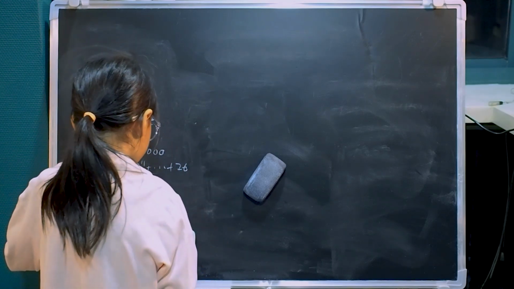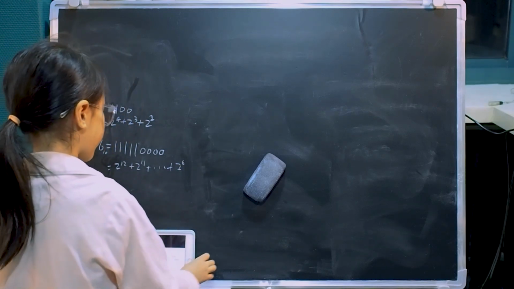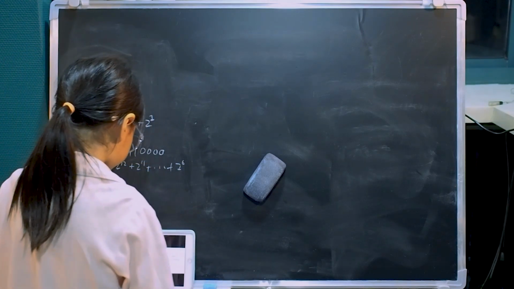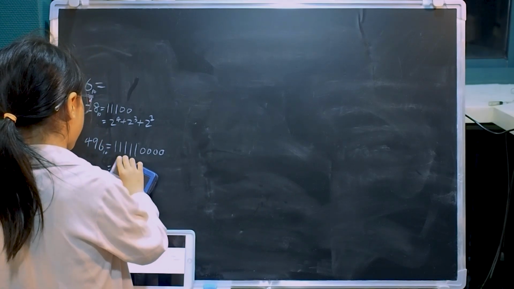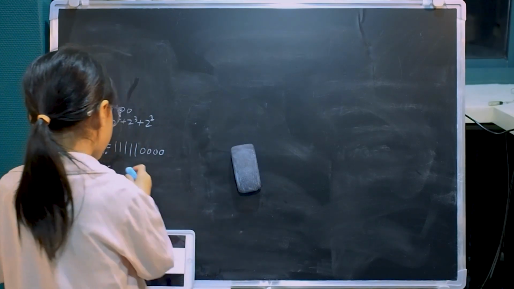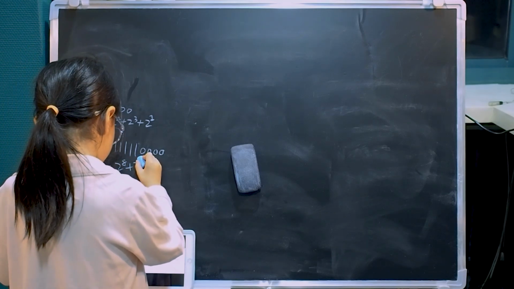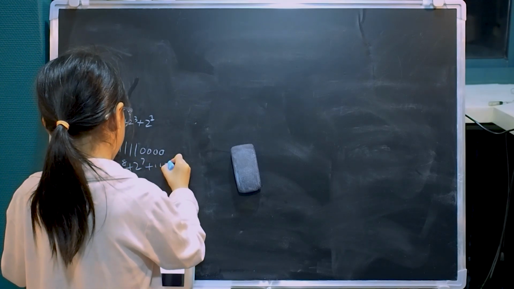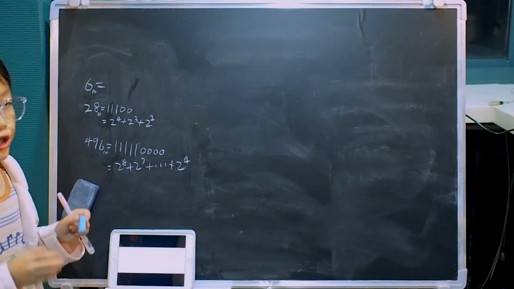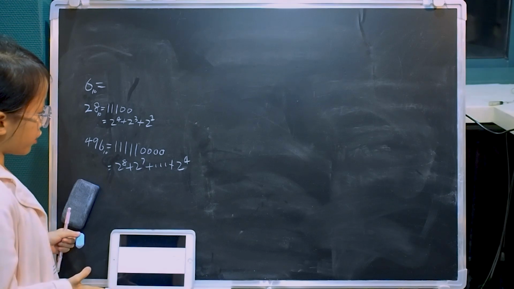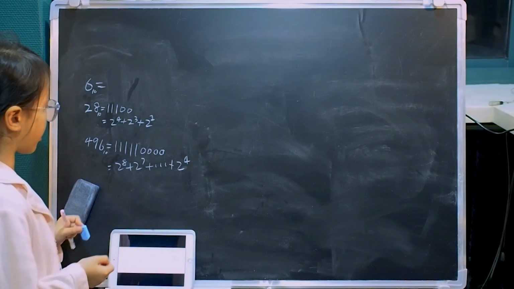Okay, sorry, I was wrong here. It should be 2 to the 8 plus 2 to the 7 plus and so on plus 2 to the 4. So of course, in another word, you can say it is a pernicious number or practical number.